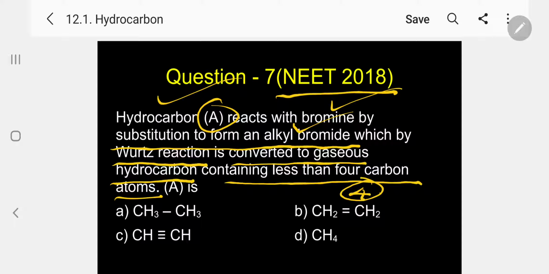There are so many things they are assuming. One important piece of information is that it is a hydrocarbon. Second, on treatment with bromine it is converted into an alkyl bromide. And third, the alkyl bromide, by Wurtz reaction, produces a hydrocarbon containing fewer than 4 carbon atoms. So what is hydrocarbon A?